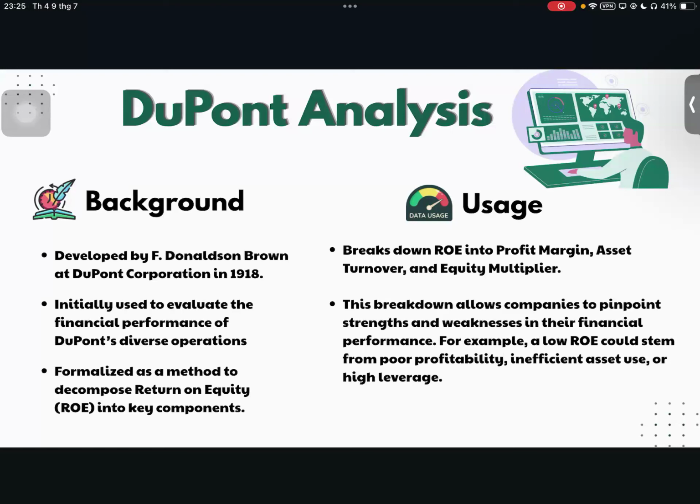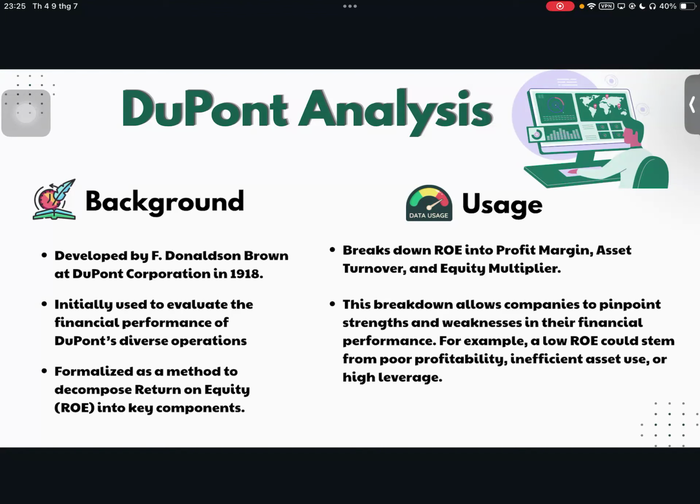With DuPont analysis, we break the return on equity into the net profit margin, the asset turnover, and the equity multiplier. When we see a low return on equity, like only 0.1%, we should ask ourselves what could be the cause and how the business may improve.